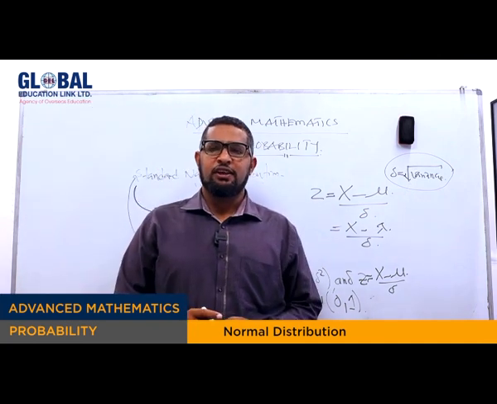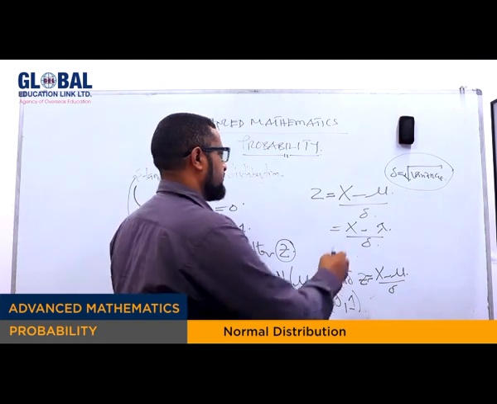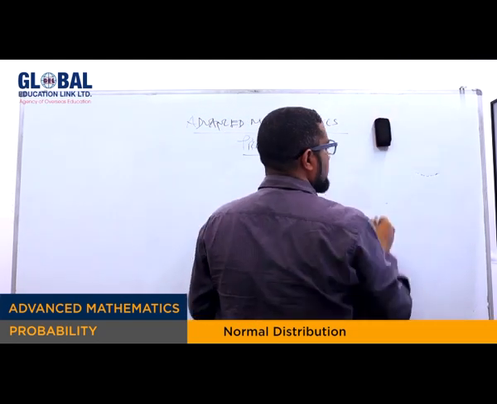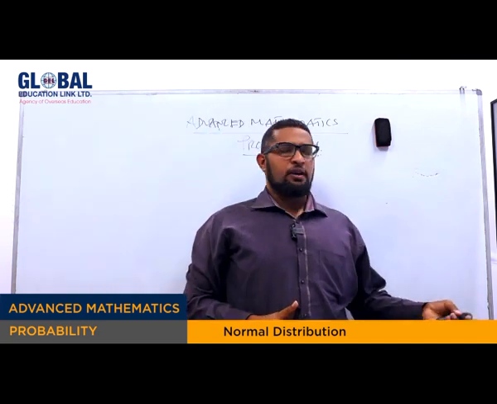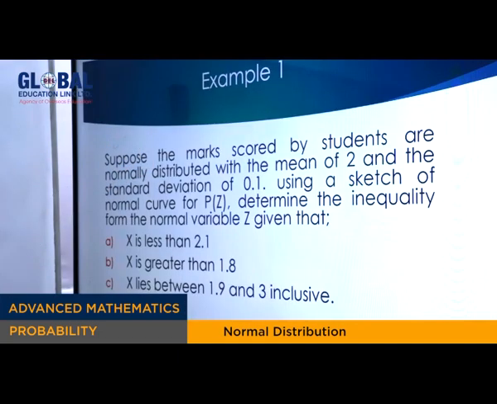Now let's see the first example. Example number 1. Suppose the marks scored by students are normally distributed.